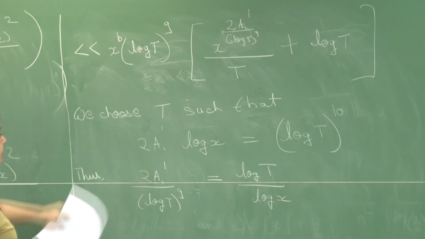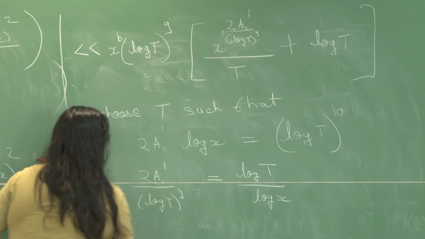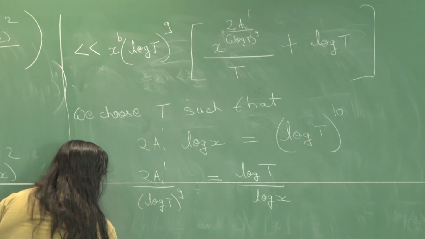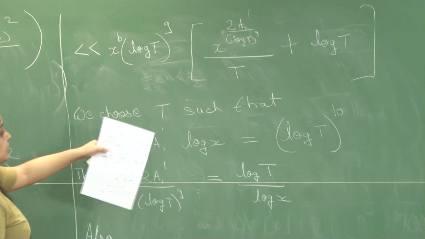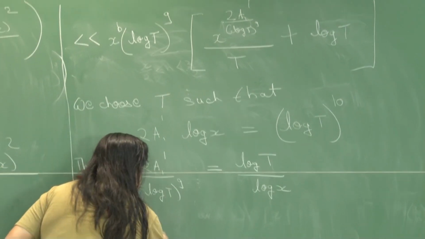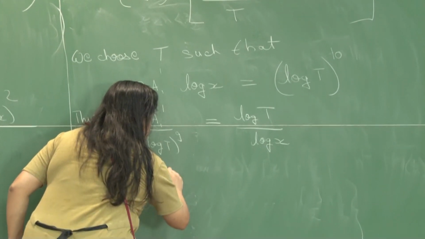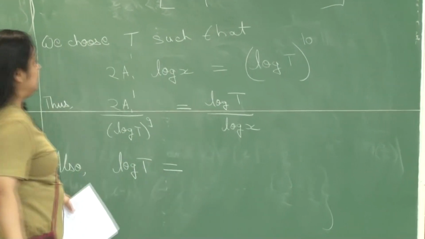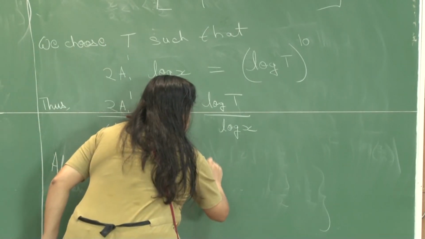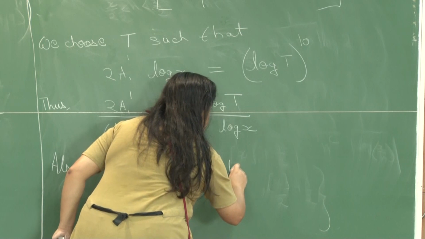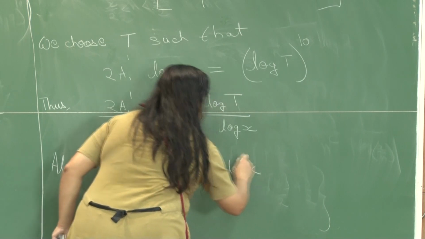Also, we observe that your log t itself turns out to be equal to 1/10 of this term here, 2a1 prime log x.